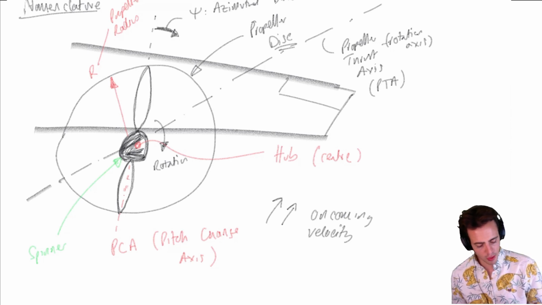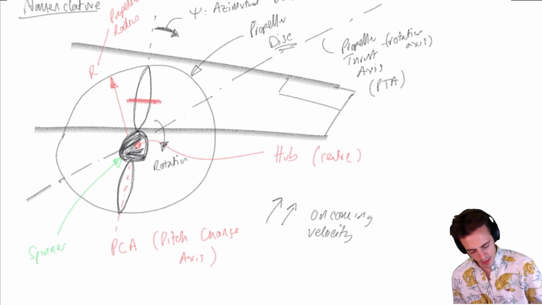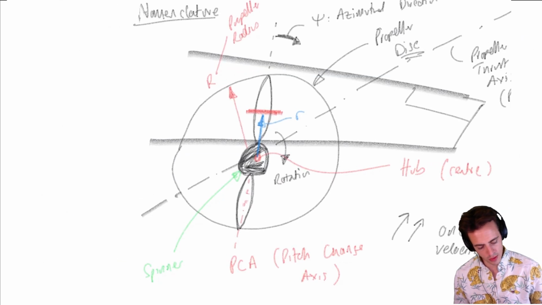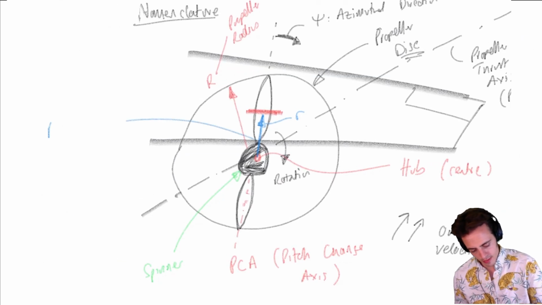We're then going to say, okay, if I want to define part of the blade through here, this exists at some radius, and we're going to give this a symbol lowercase r. So this defines my radial ordinate, or radial position, we'll say.